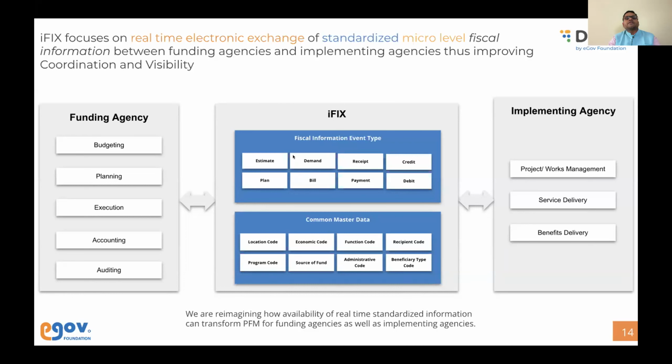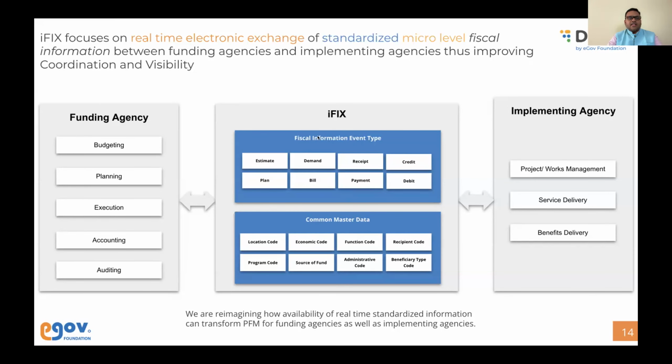A demand fiscal event basically has the set of information contained in it regarding any request for transfer of money or payment into a government account. And correspondingly, the receipt basically says that the transaction has been initiated. Or a bill is an event for the transfer of money out of a government account. And the payment is the transaction initiation for it.